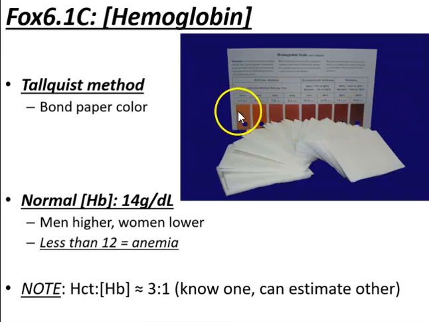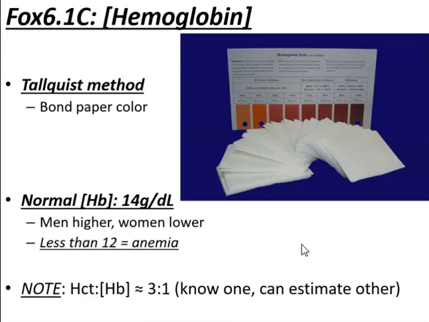And we wanted to closely match the color on the card with the color of the drop of blood as closely as possible to give us that hemoglobin concentration. Now, a normal hemoglobin concentration is about 14 grams per deciliter. Of course, men would have a higher hemoglobin concentration compared to women.